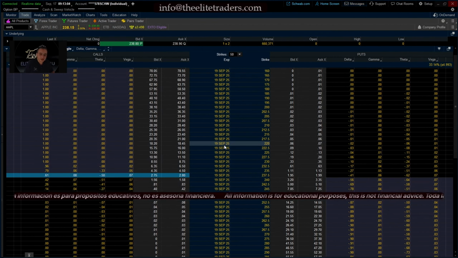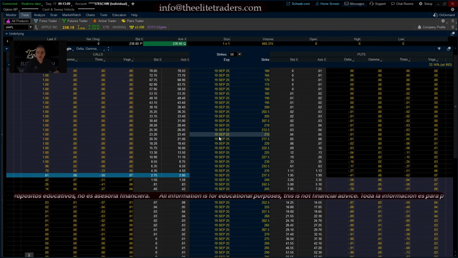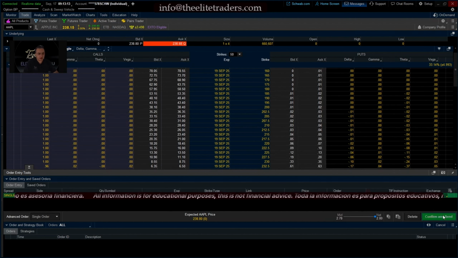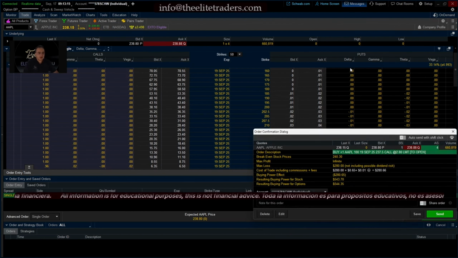The other nice thing about options is that you only risk what you pay for the option. So let's go back to this $280. Say you want the stock to go higher because that's why you bought the call. Let's say the stock drops to zero because, I don't know, Tim Cook just went to Vegas and decided to gamble the whole freaking company for whatever reason, and he lost it.